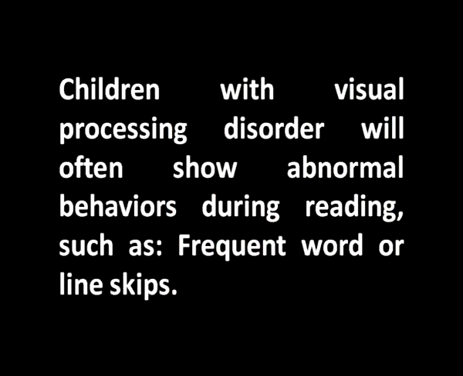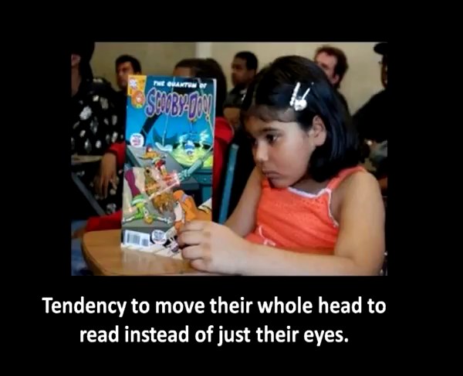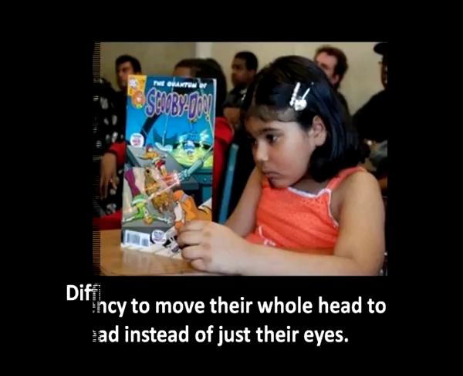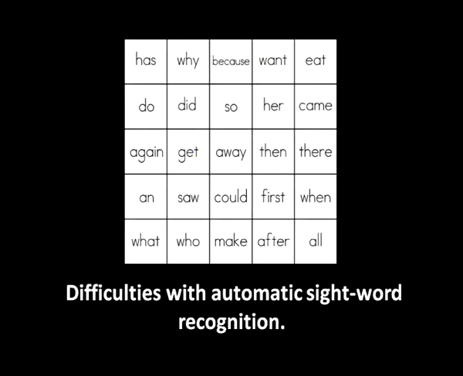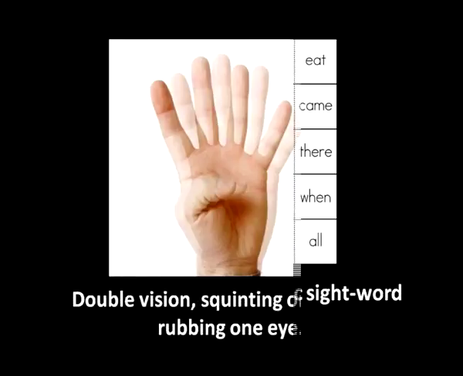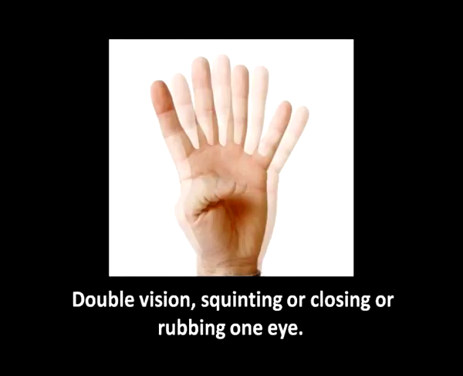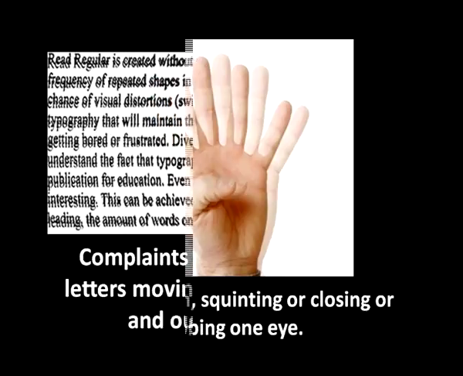Children with visual processing disorder will often show abnormal behaviors during reading, such as frequent word or line skips, tendency to move their whole head to read instead of just their eyes, difficulties with automatic sight word recognition, double vision, squinting or closing or rubbing one eye, complaints of visual blurring or letters moving around, popping in and out of the paper.